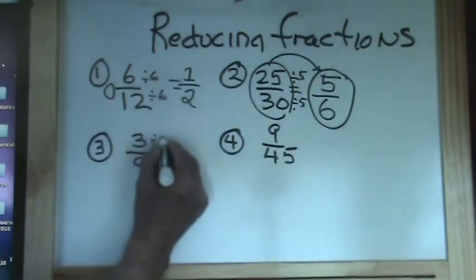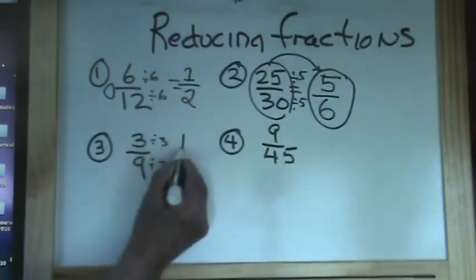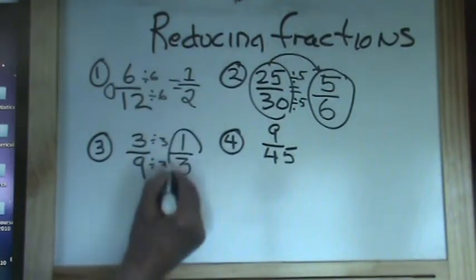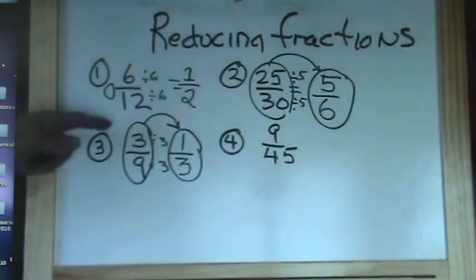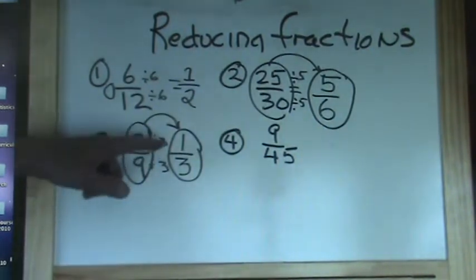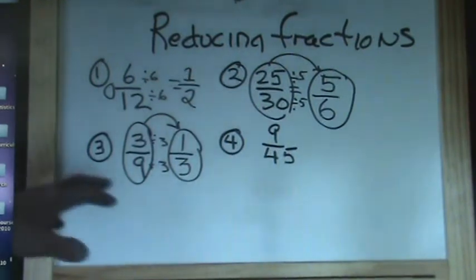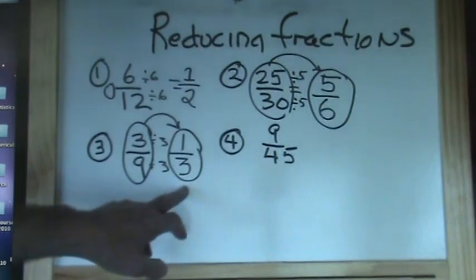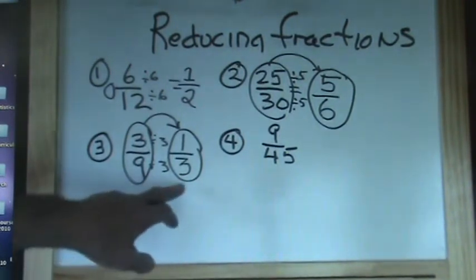So if we divide by 3 and divide by 3, 3 goes into 3 one time, 3 goes into 9 3 times. So we have renamed the fraction 3/9 in its smallest name, 1/3. And remember that 3/9 of $1 million and 1/3 of $1 million are the exact same amount of money. 3/9 of a dollar is the exact same amount of money as 1/3 of a dollar.